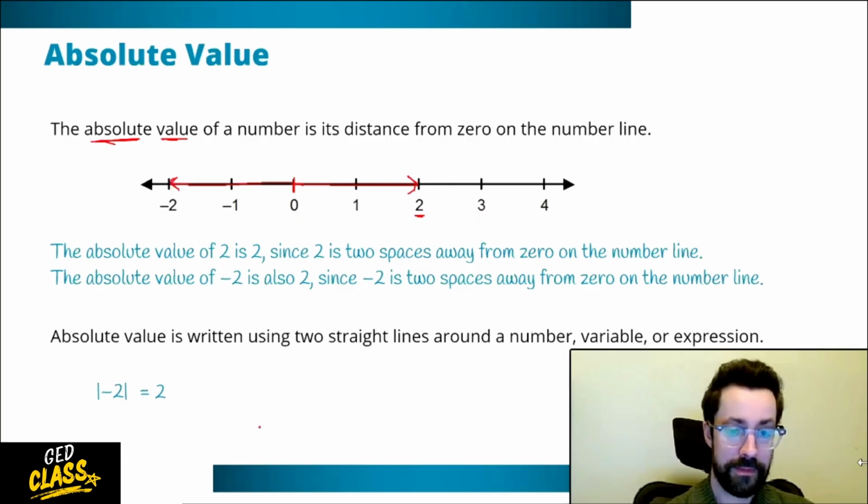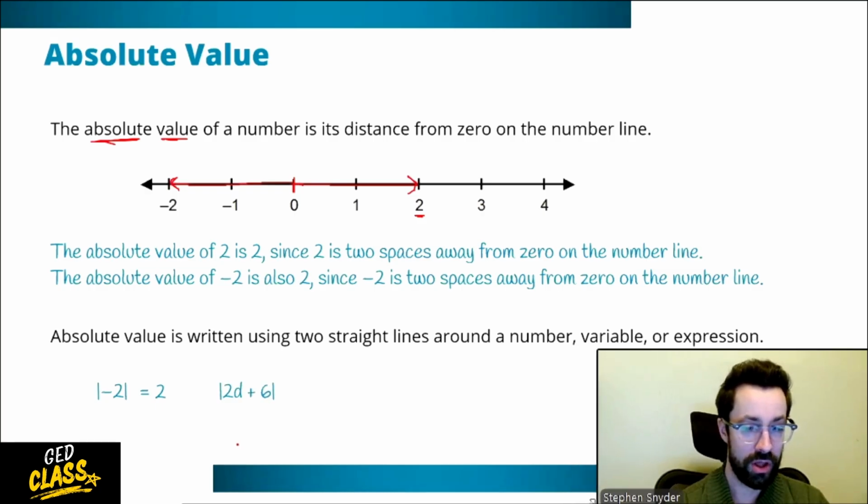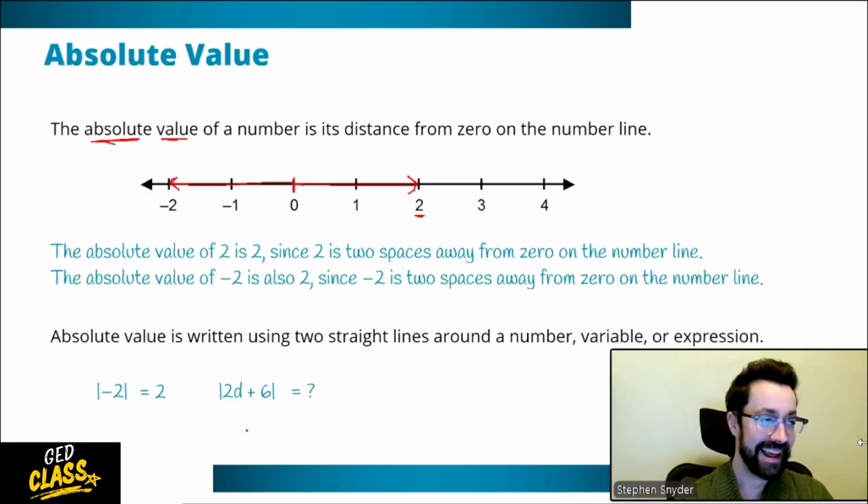Take away that sign. Now, where this becomes a little bit complicated is when they put this around a whole thing with a variable in it. And that makes life a little bit harder.